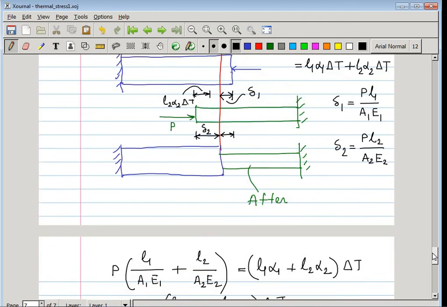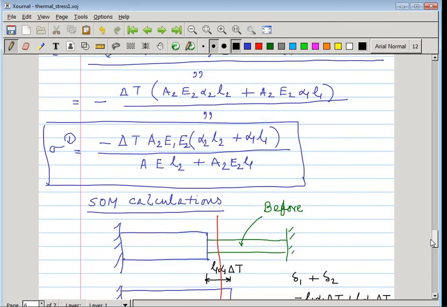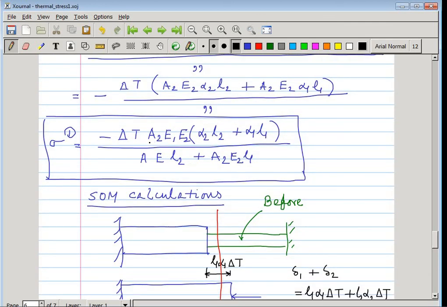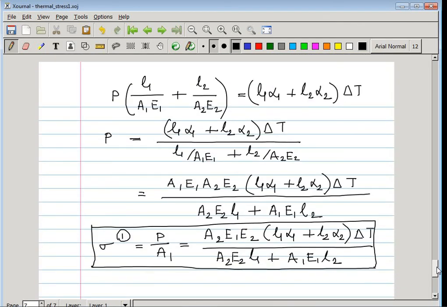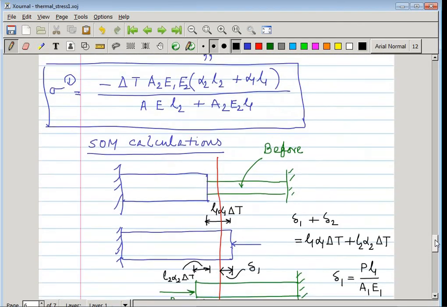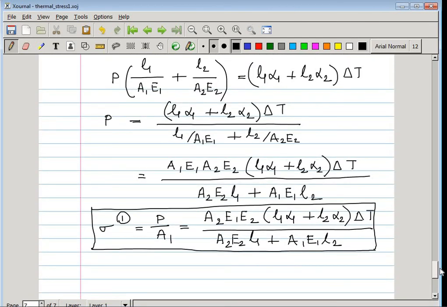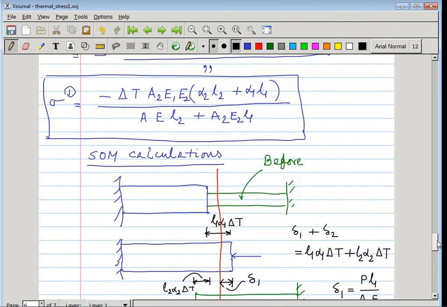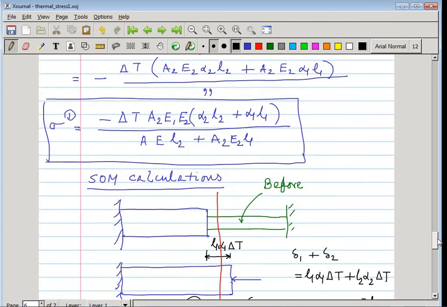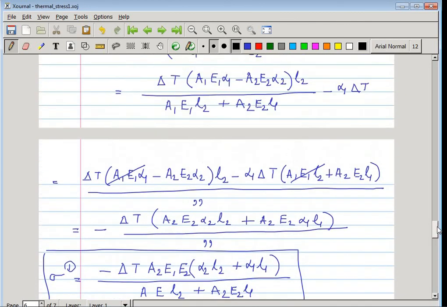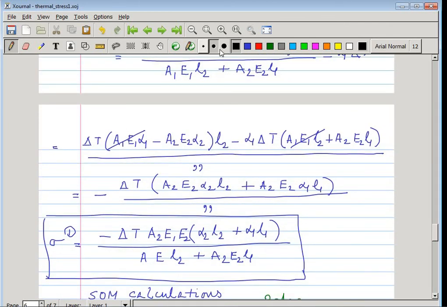So if you check, delta T A2 E1 E2, L1 alpha 1 plus L2 alpha 2 by A2 E2. So here we have made a mistake. So this is A1 E1. Yeah.